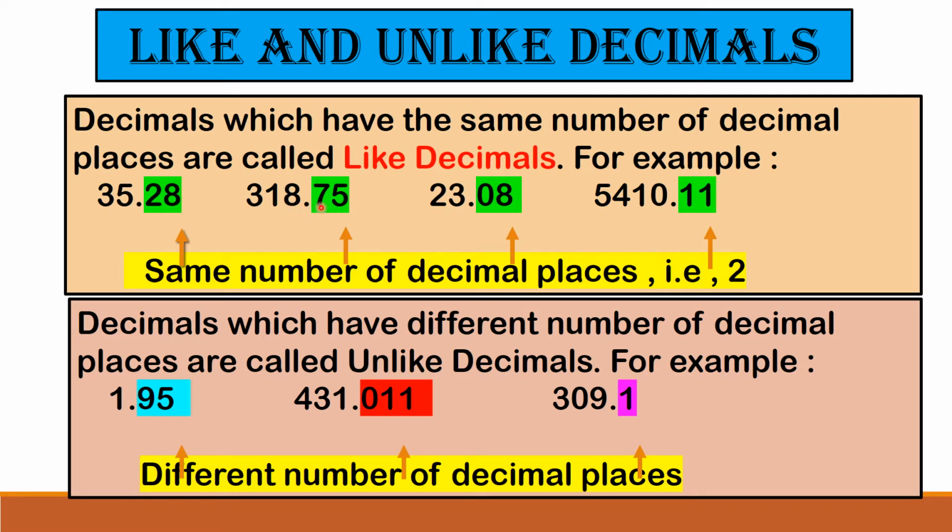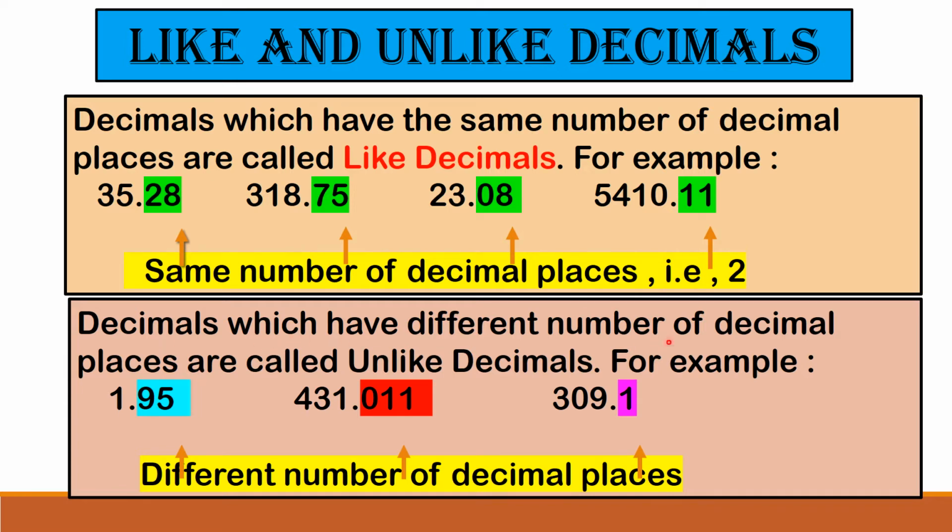Here again 75, two decimal places, 23.08 again two decimal places, and 5410.11 also has two digits, so two decimal places. So all these numbers have the same number of decimal places, that is 2. So they are like decimals.